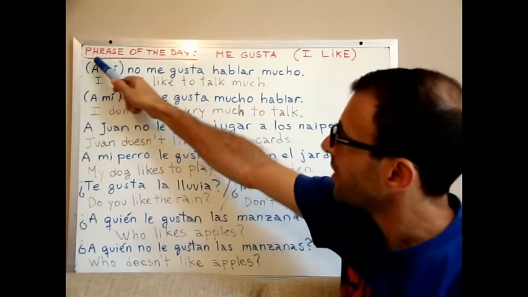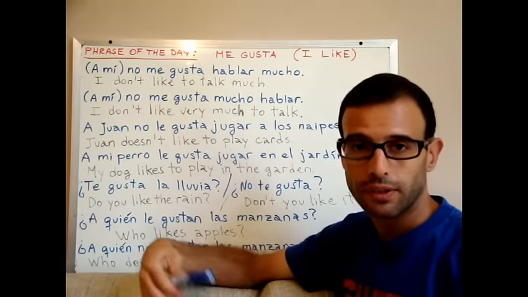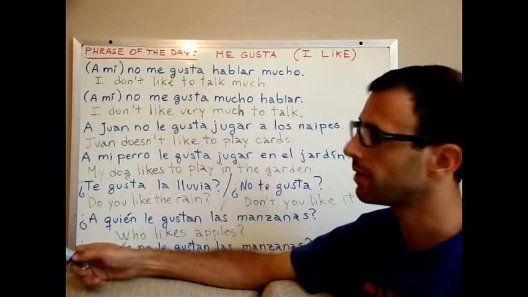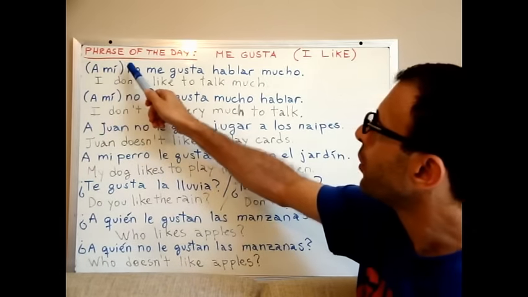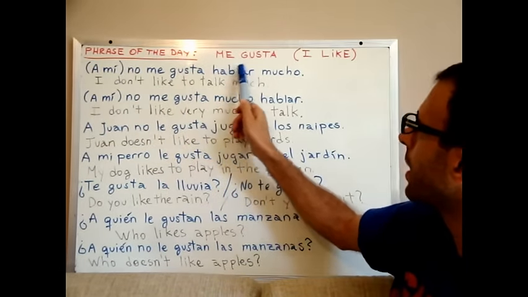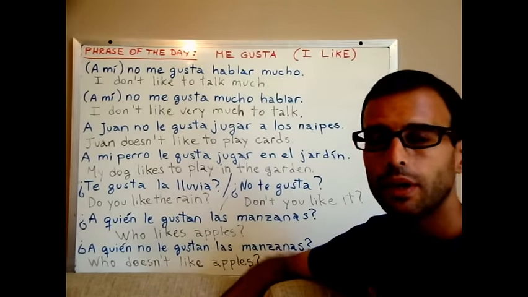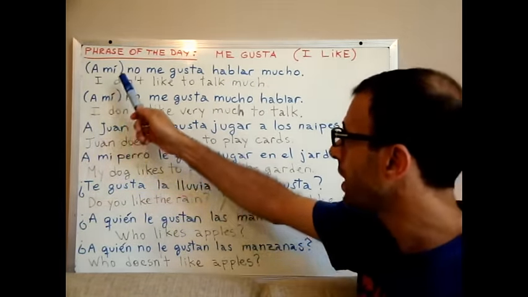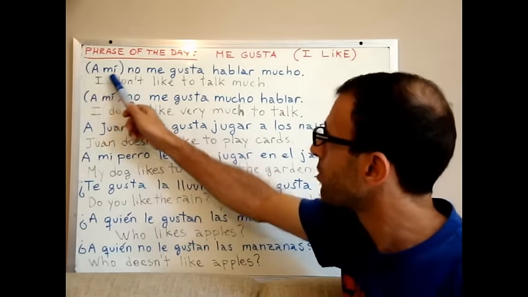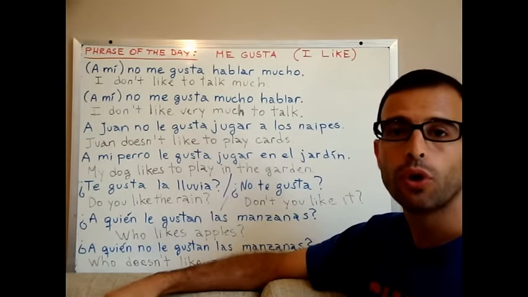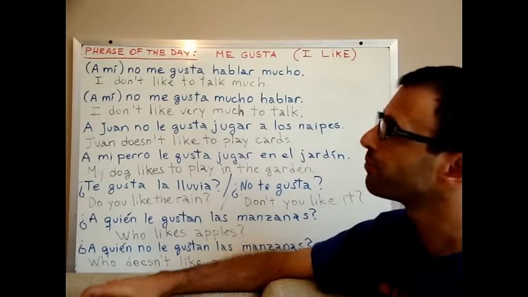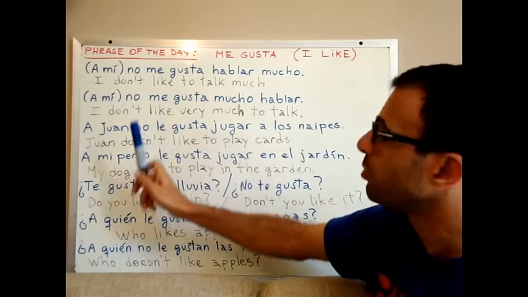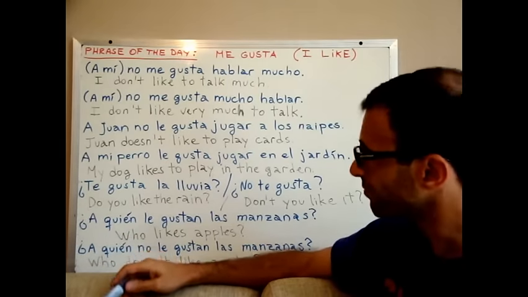A mí, what is between brackets, we can omit it, right? We can actually say it or not say it, and it's correct. A mí no me gusta hablar mucho. Or we can omit the first part and just say, no me gusta hablar mucho. This means, I don't like to talk much, right?